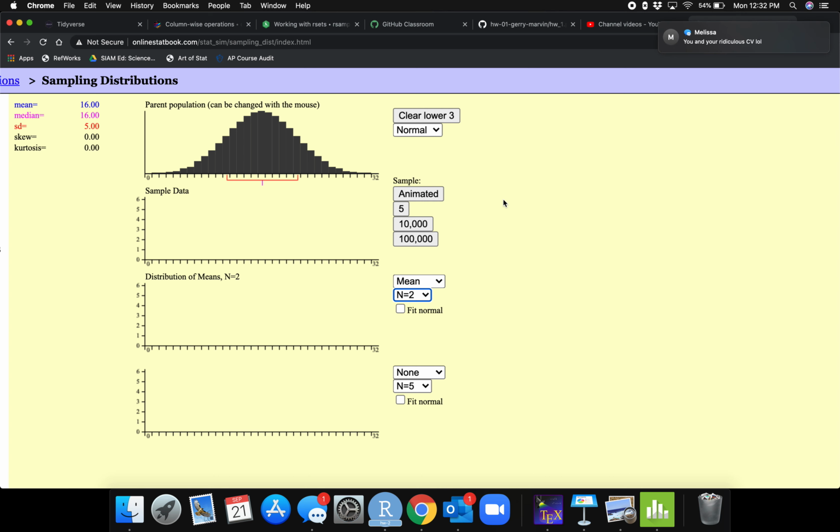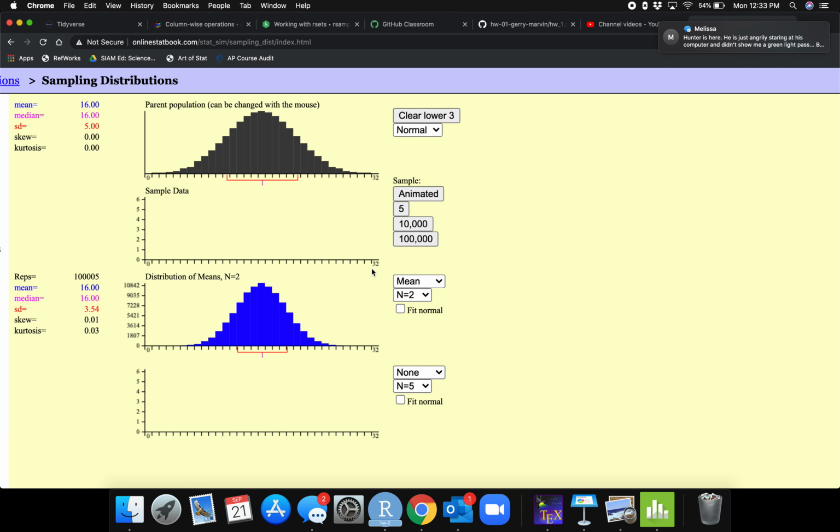Here I take a sample of size 2 from a normal population, and I can animate that. If I do it 100,000 times, you'll see that the distribution is normal. We have a parent population and this sampling distribution, and they're both normal, which is great.